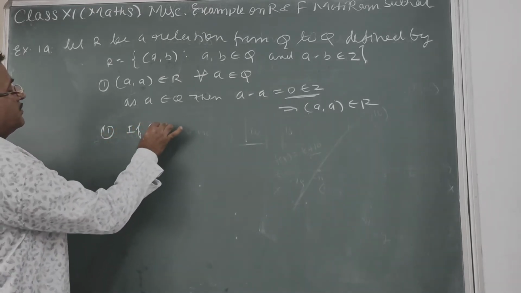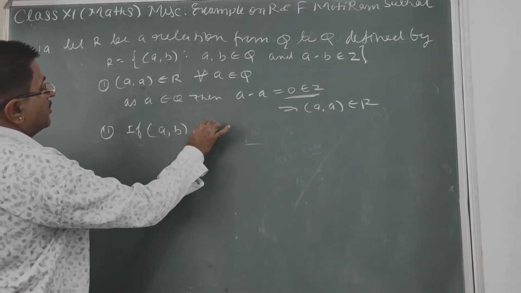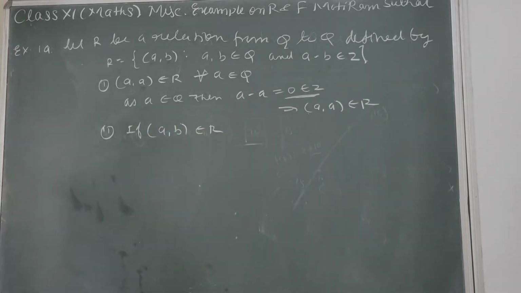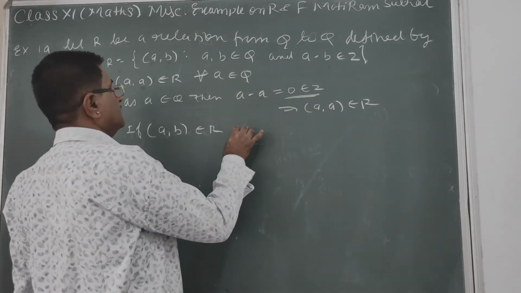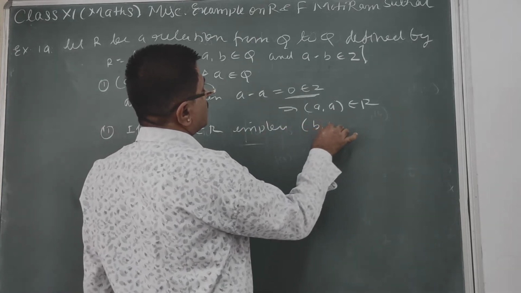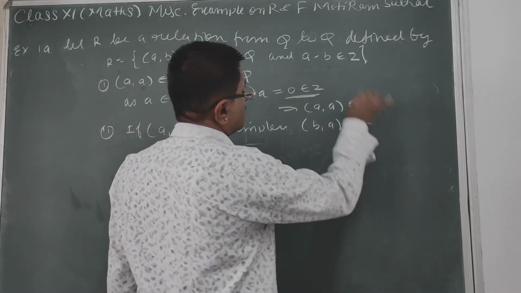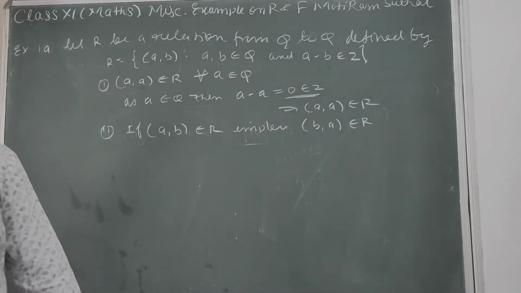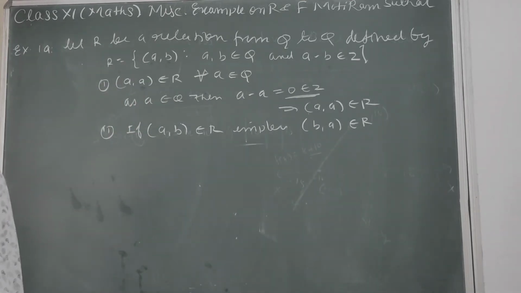Second says if A, B belongs to R, meaning the given relation, it implies that B, A also belongs to R. Then if you change the order, that will also belong to R. Clear?